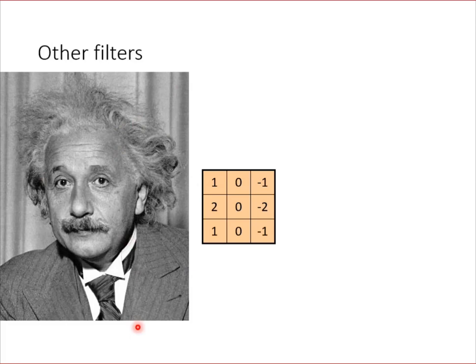And how about for an edge? For the vertical edge. A vertical edge means the left part has large values, and the right part has small values. So large values times those positive coefficients, and small values times those negative coefficients.